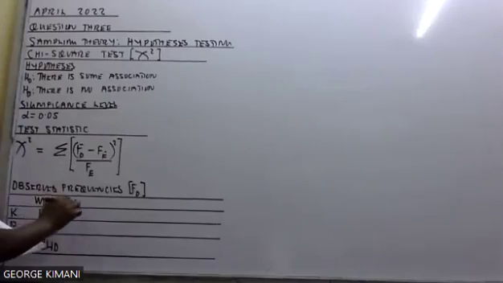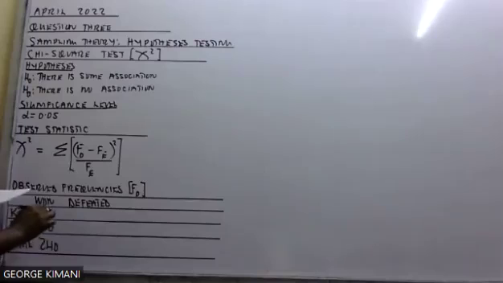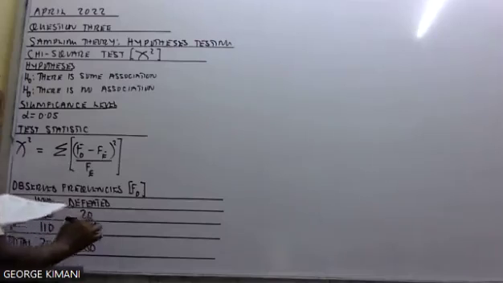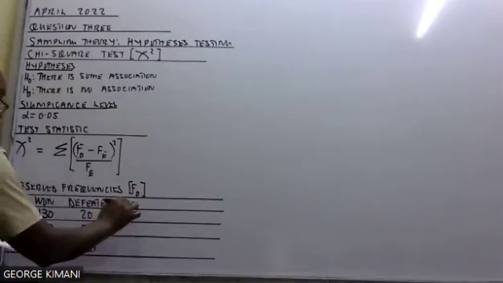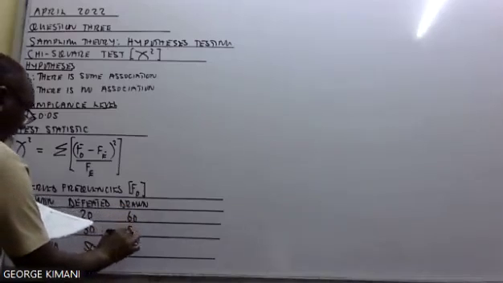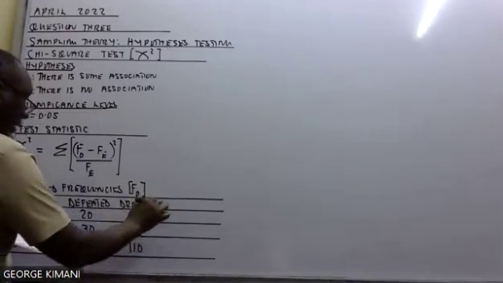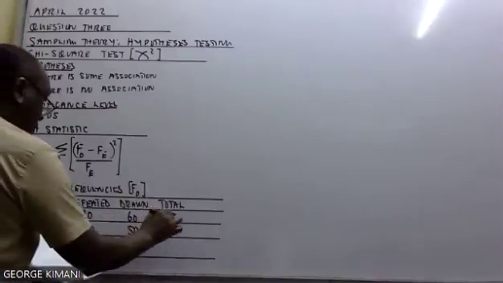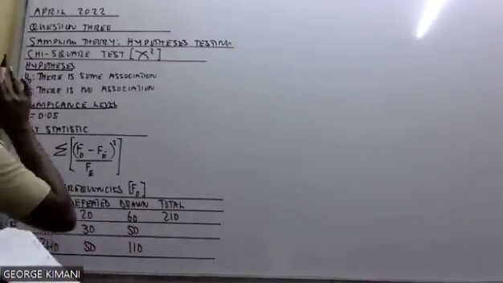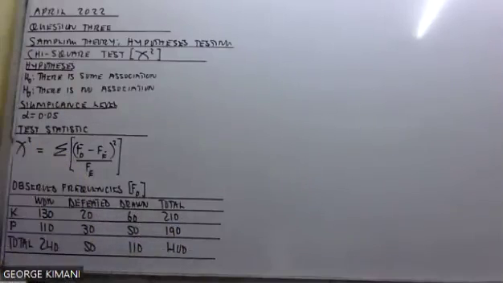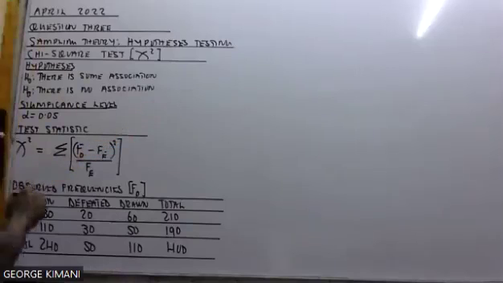So then we have defeated. Defeated is 20, 30, that is 50. We have those who drew. This is 60, this is 50, so this is 110. And then we have total, this is 150, that must be 210. This is 140, that is 190. And this must add back to 400.